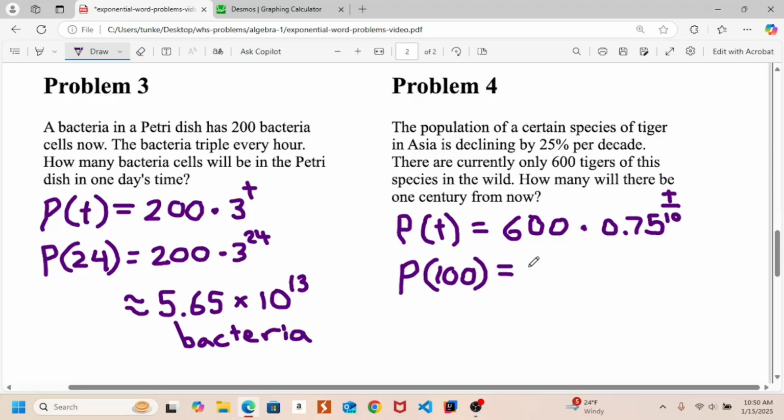So our population after 100 years is going to be 600 times 0.75 raised to the 100 divided by 10 power, or just the 10th power. So let's put that into Desmos.